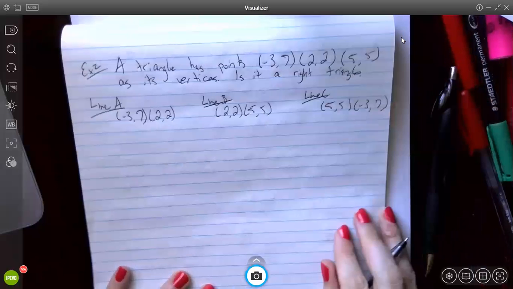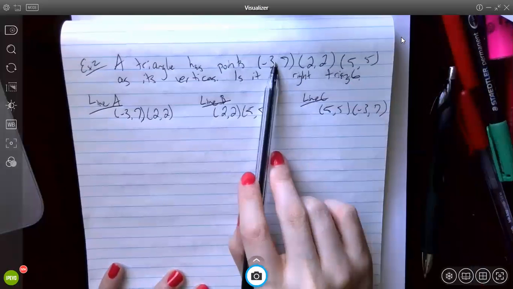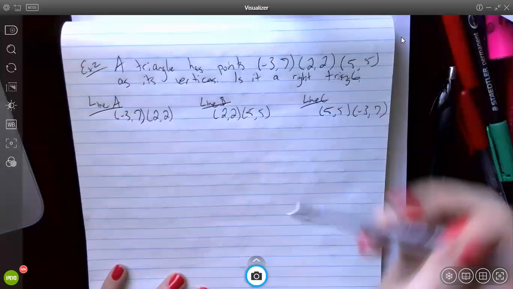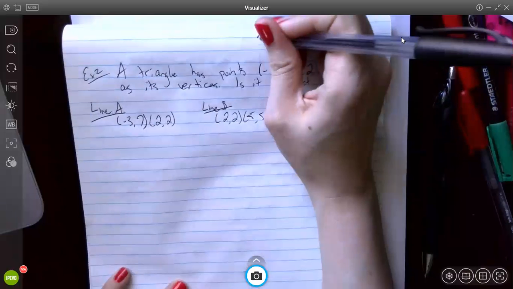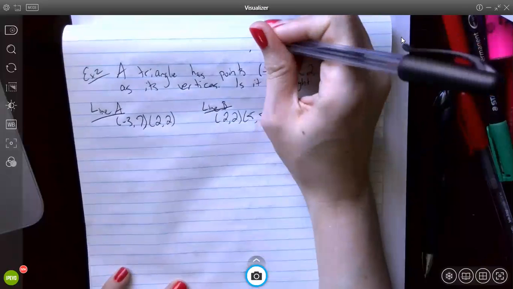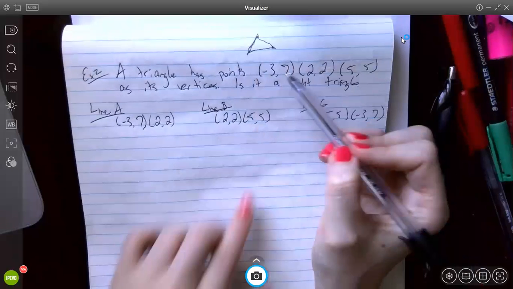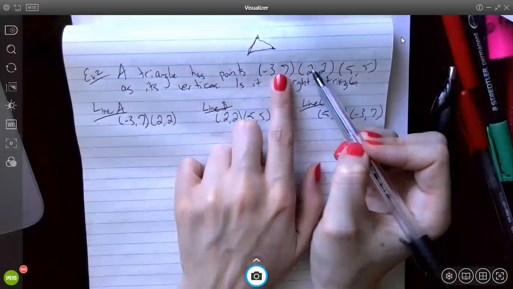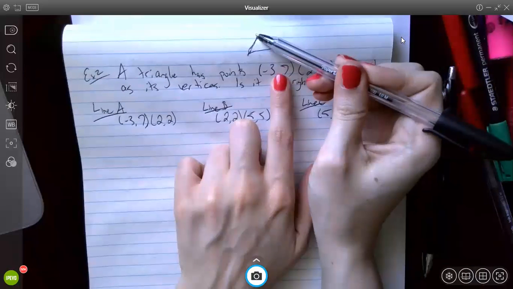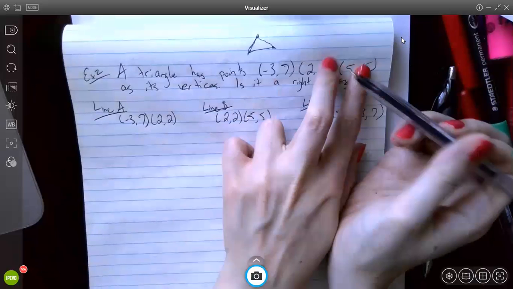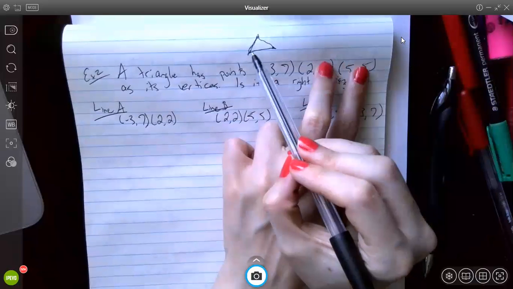So all I'm doing is saying, if these are the 3 points, and I don't really know what this triangle would look like, but you've got 3 points on a triangle. If these 2 points are here and here, there's a line between them. And then if these 2 points are here and here, there's a line between them.